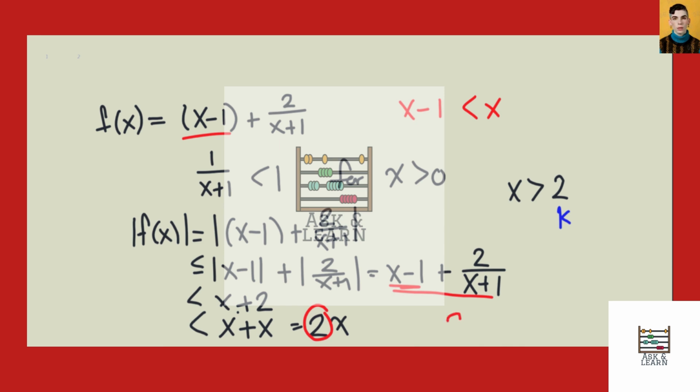Okay, so with c equals 2 and k equals 2, we get f of x being equal to big O of x.